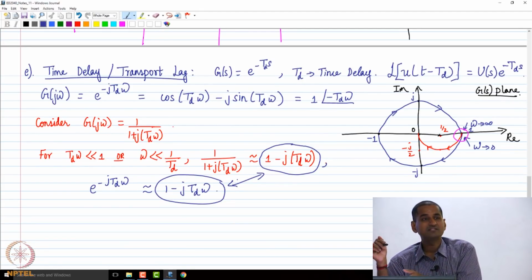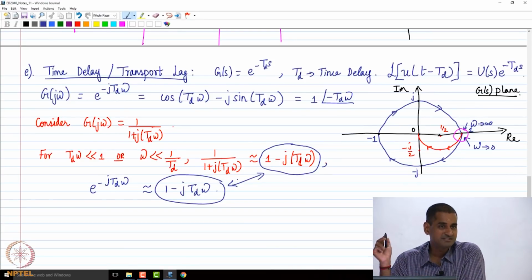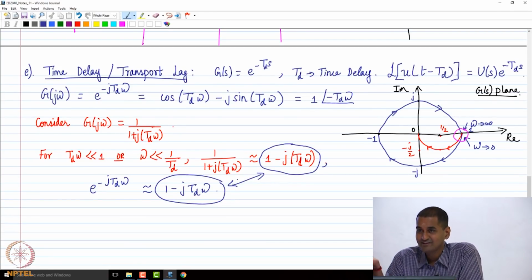I hope now it is clear why this first order approximation makes sense, and it is also very clear when you can apply it. Suppose I make this first order approximation, I approximate e power minus tds as 1 minus tds. I can use it as long as I am subjecting the system to inputs whose frequencies are much lower than 1 divided by td.